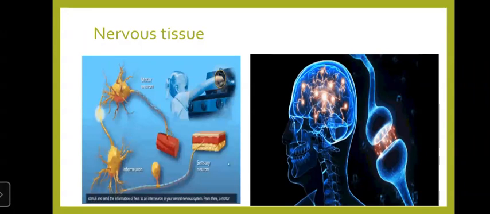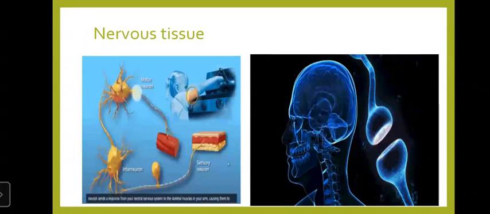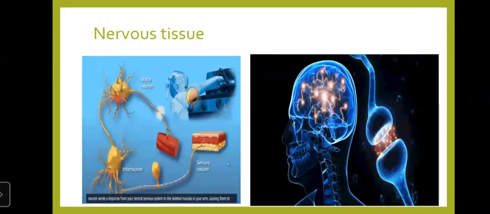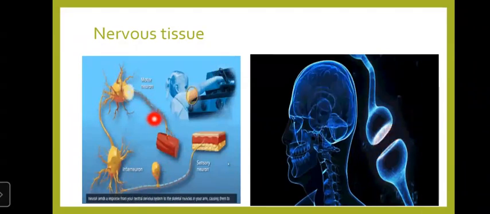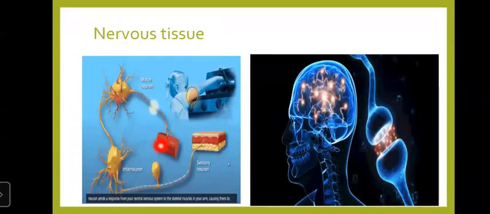Sensory cells in our skin get excited and they produce an electric impulse, which is then carried by the nervous tissues to the brain, and from the brain or from the interneurons to the effector organ, that is the muscles of the hand.